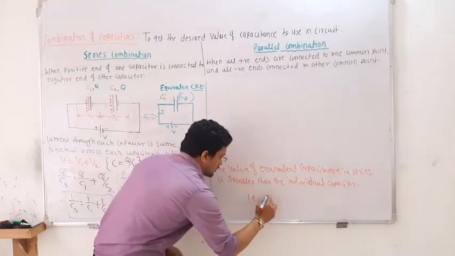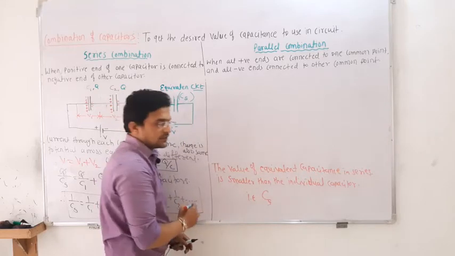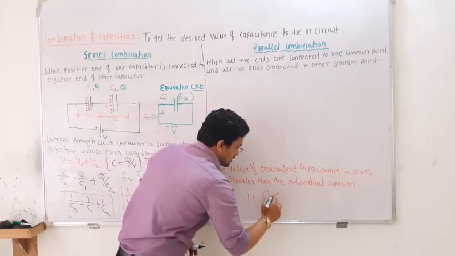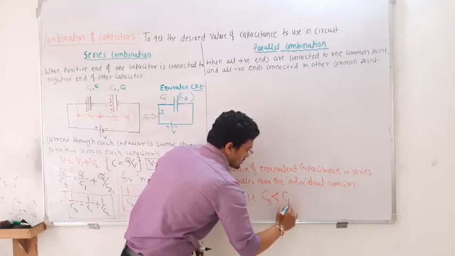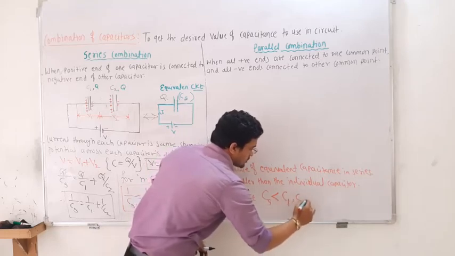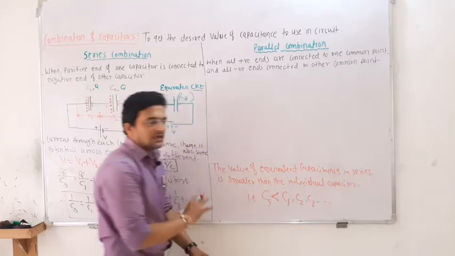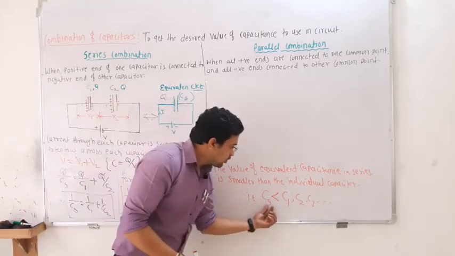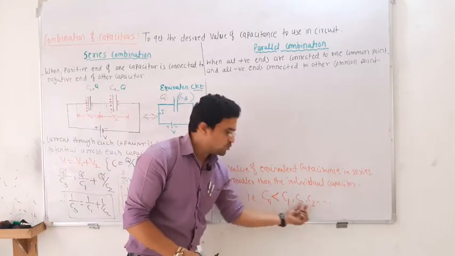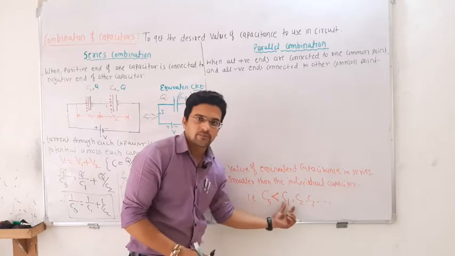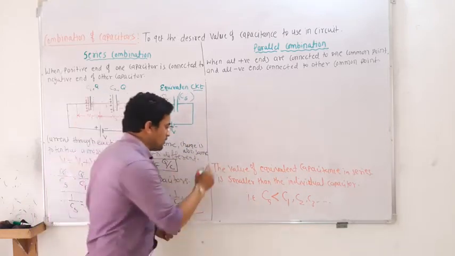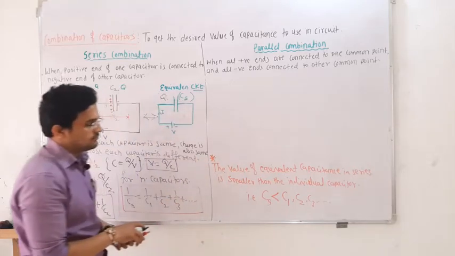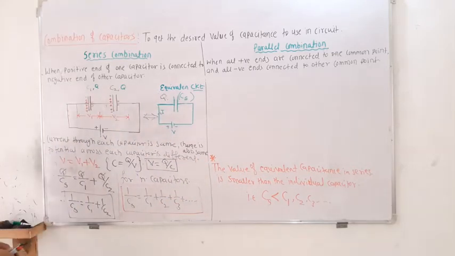It means whatever value of CS you get, it is always smaller than C1, C2, C3 and so on. Whatever capacitors you connect, it is always smaller than the individual capacitors you connect. Remember this statement, it is a very important statement. So just pause the video and have a look.